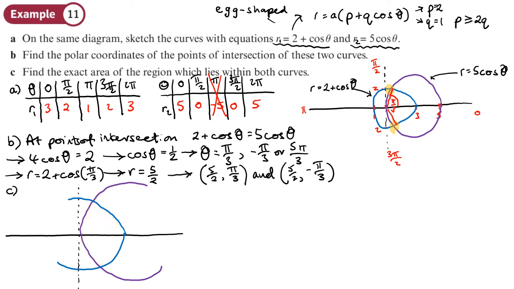Now let's have a look. We have just worked out that this angle here up to there is pi over 3. Now for this curve here, if I put in my limits as 0 and pi over 3, remember this is half r squared, and that will be half the integral of (2 plus cos theta) all squared.